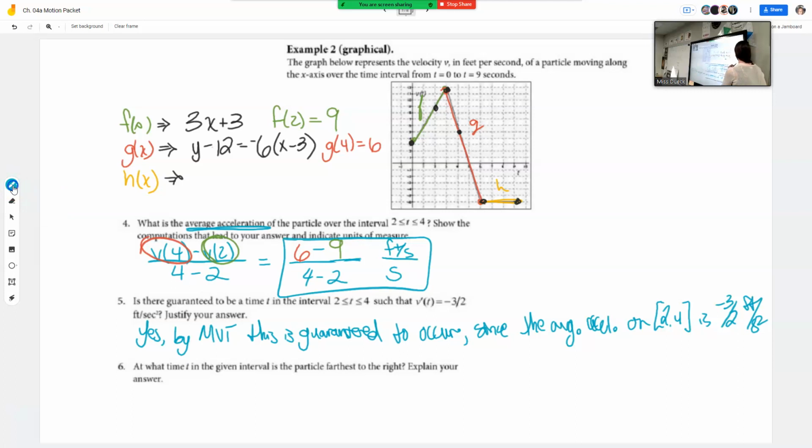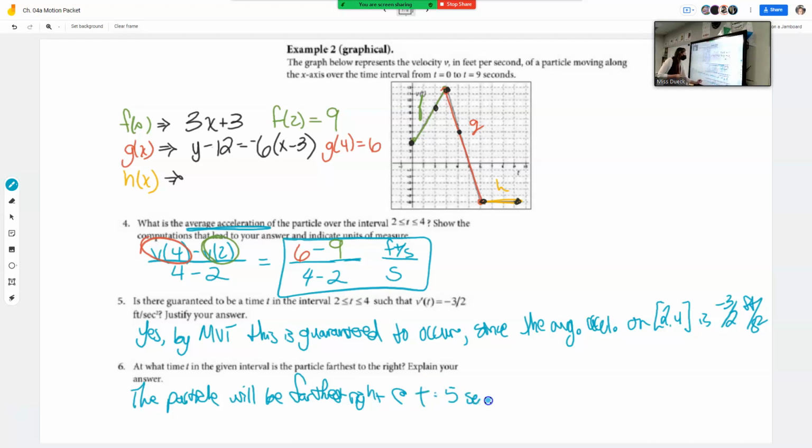Farthest right. This one's tricky. I'm just going to go there and see if you guys can make sense of it. The particle will be farthest right at t equals 5. Careful.